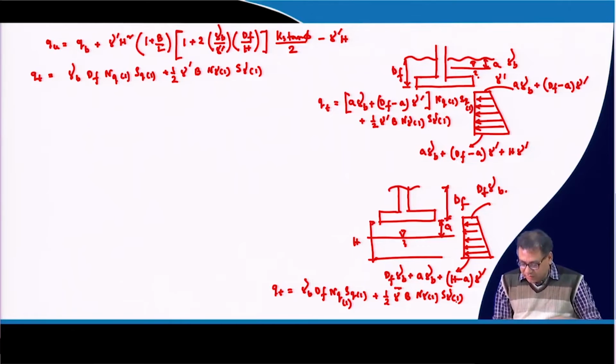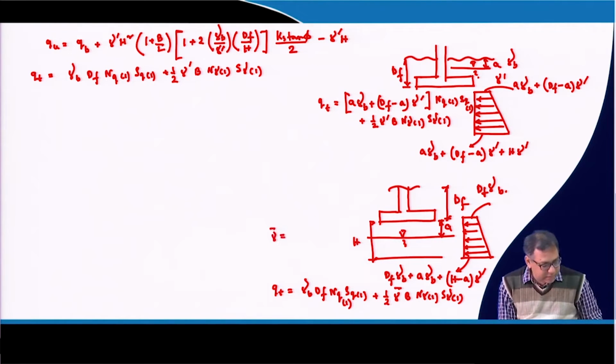Now, we have to do this for every bearing capacity equation if you want to incorporate the water table effect, except the IS method, where the water table effect is directly incorporated in the equation. You have to determine that gamma bar.